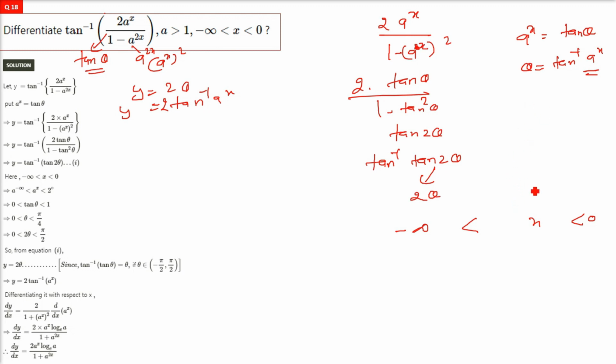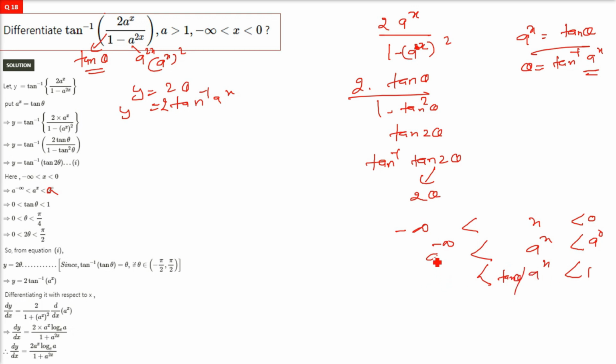What is x here? Now let us take all to the power of a. All these elements which you see in the inequality, I am raising them to the power of a. So a raised minus infinity, a raised x, a raised 0. So a raised 0 is 1, a raised x is x, and a to the power minus infinity, as we have just seen in the previous question, which was 2 to the power minus infinity, it was 0.